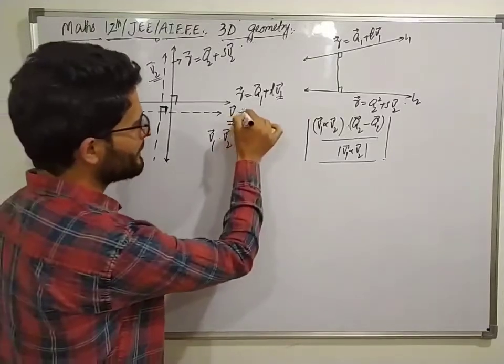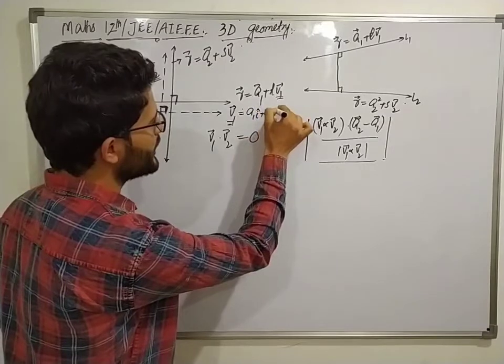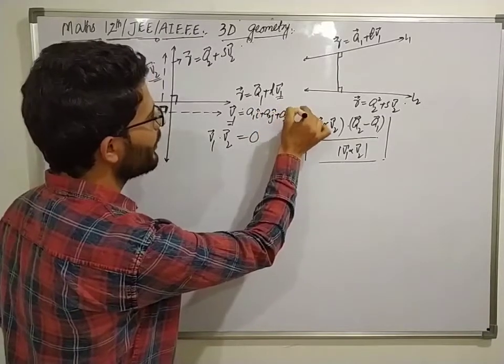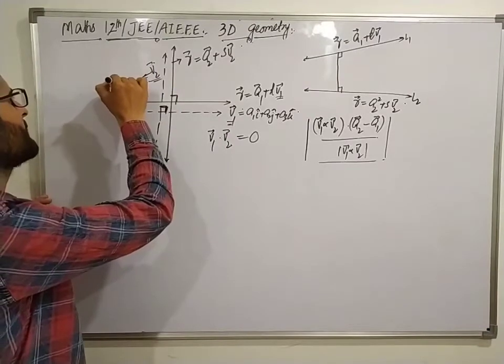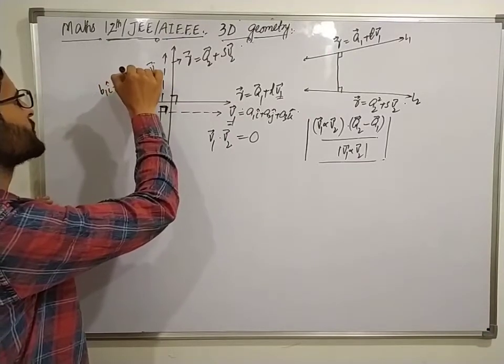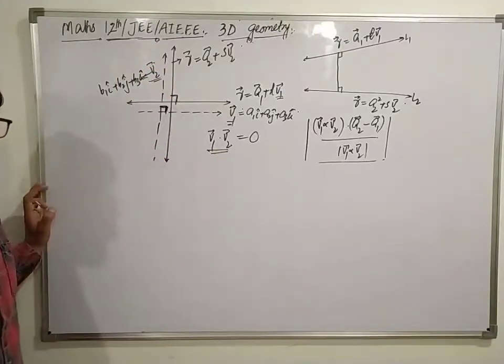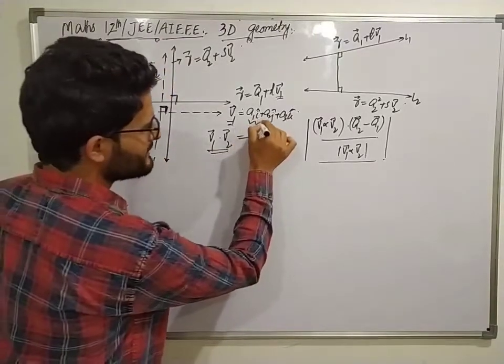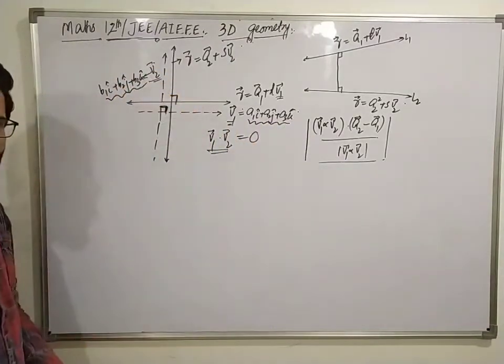Now if V1 is a vector expressed as A1i plus A2j plus A3k, and V2 is a vector expressed as B1i plus B2j plus B3k, then you have to find V1 dot V2. V1 is a vector expressed in terms of components, and V2 is again a vector expressed in terms of components.